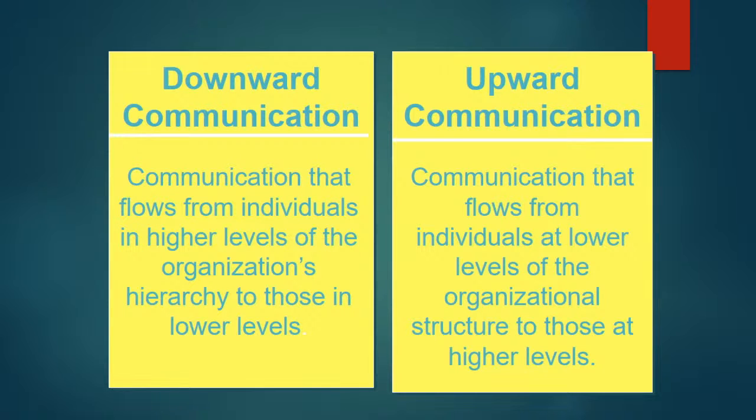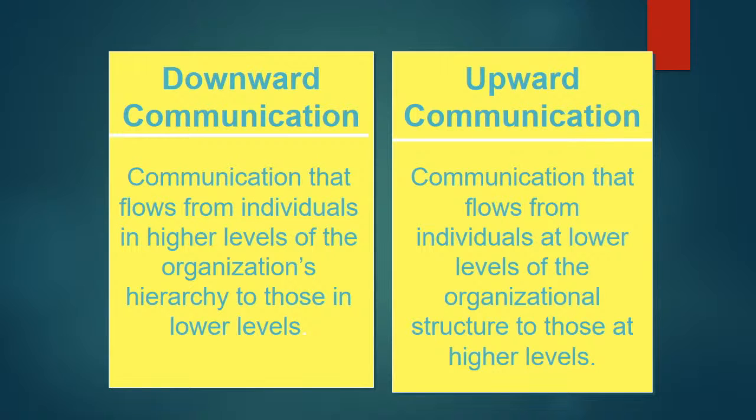Now, downward communication is communication that flows from individuals in the higher levels of the organization's hierarchy to those in the lower levels. So whenever the top level of the organization communicates any information to its lower levels, that is termed as downward communication. And the upward communication is the communication that flows information from the individuals at the lower levels of the organizational structure to those at the higher levels.